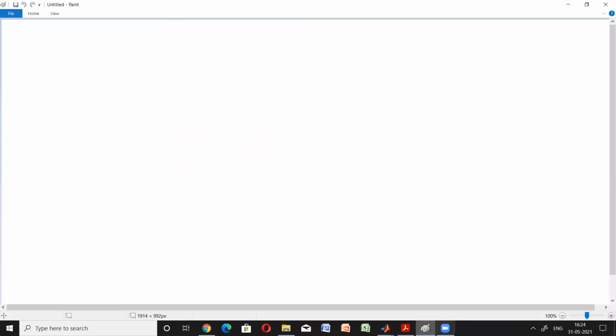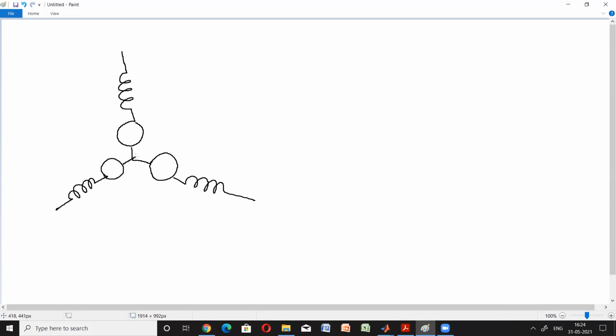I am making the equivalent circuit of this circuit here. As you can see, first of all we have a source. These are the respective 3 sources. Let us say this is the EMF for the first phase EA, EMF for the second phase EB, and EMF for the third phase EC.